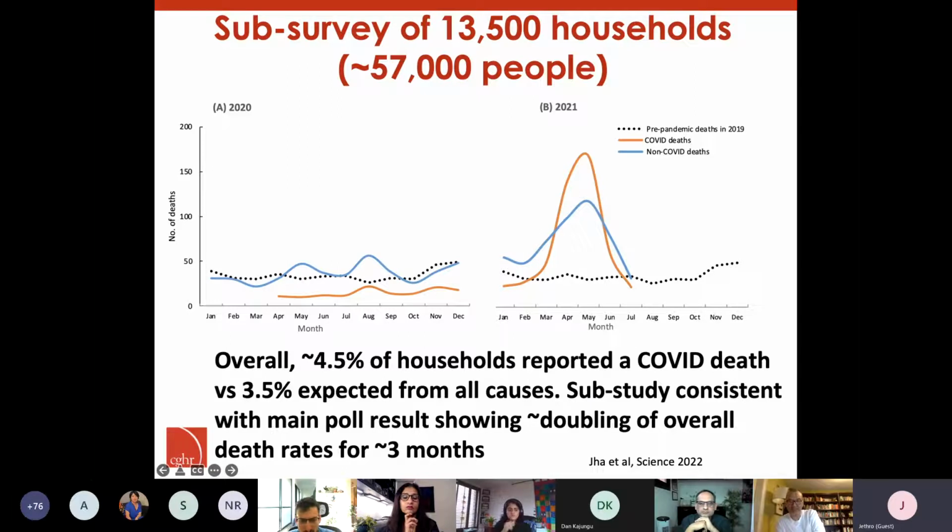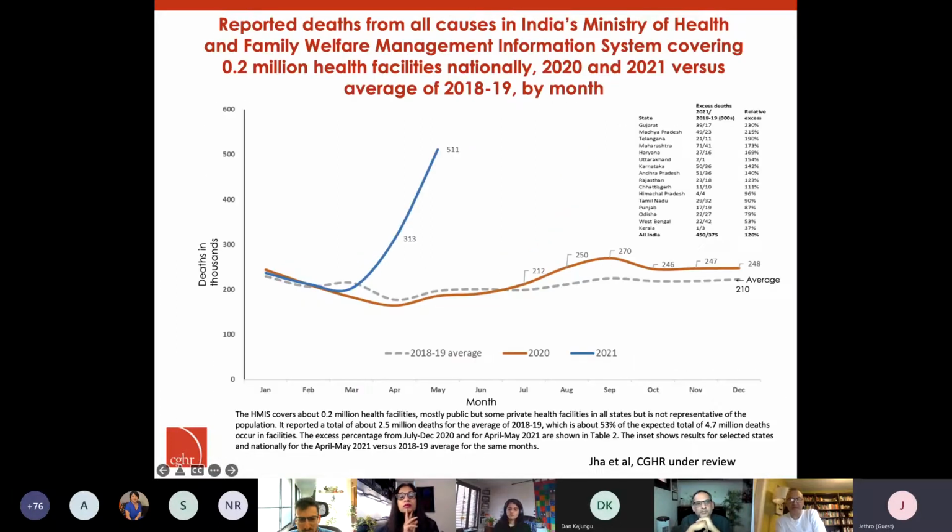So overall, we found about 4.5% of houses reported a COVID death versus 3.5% expected from all causes. That's in the main CVoter study. And this sub-study shows very consistent temporal and overall patterns, including roughly a doubling of the overall death rates for 3 months.